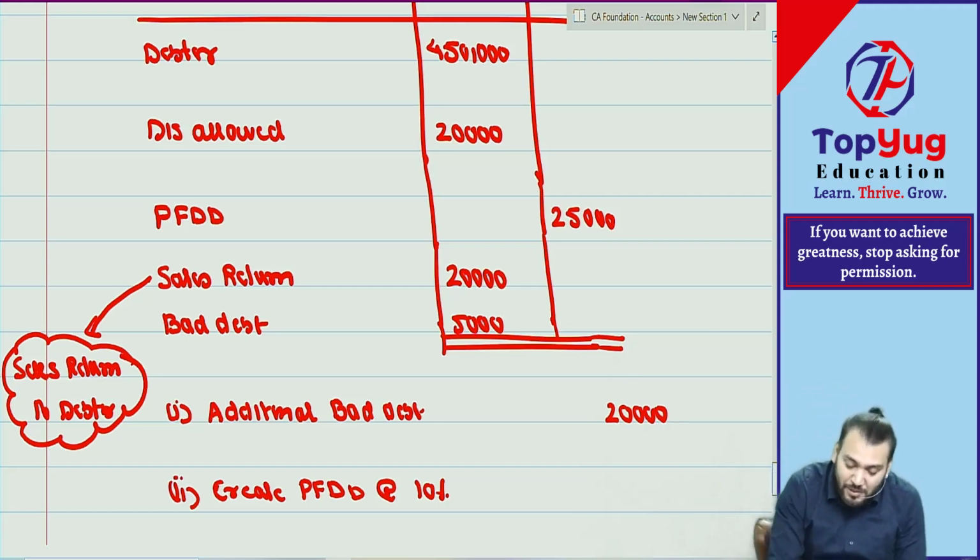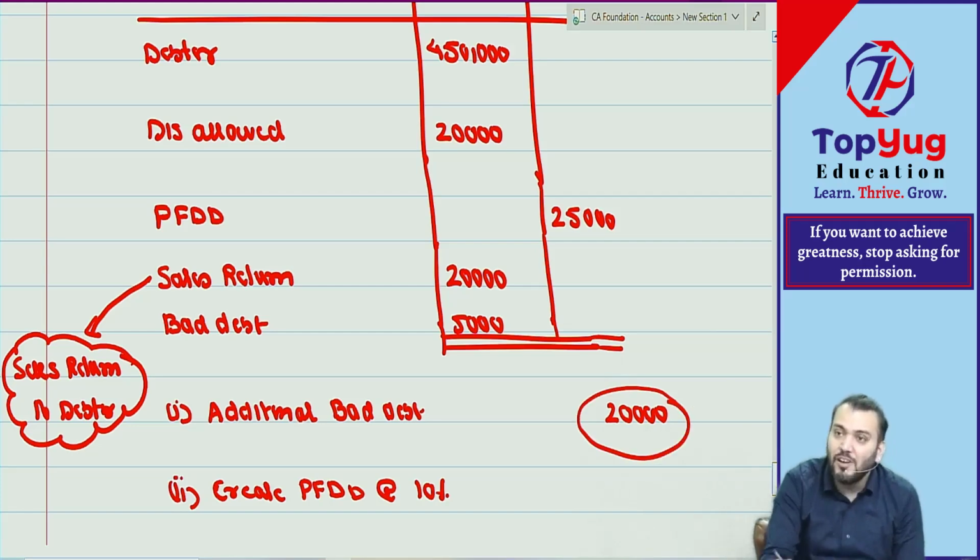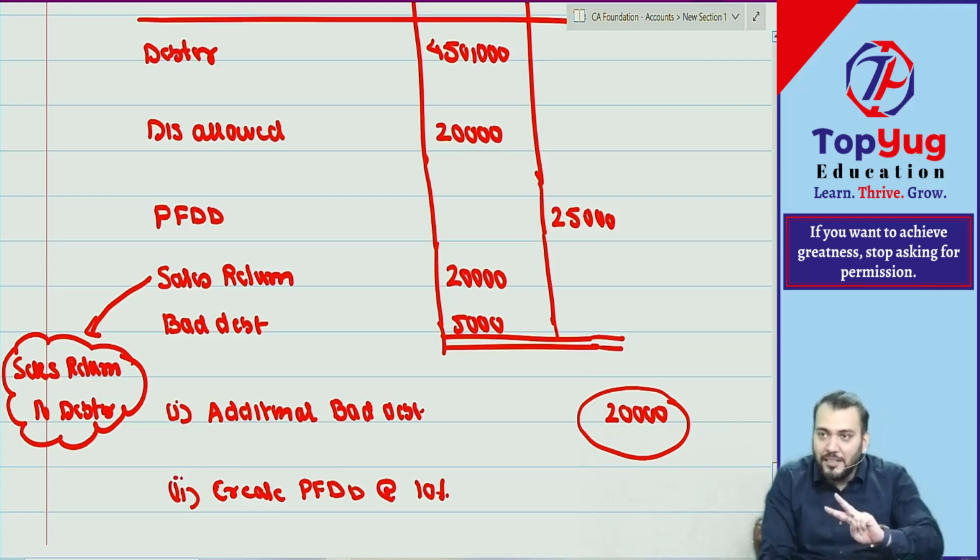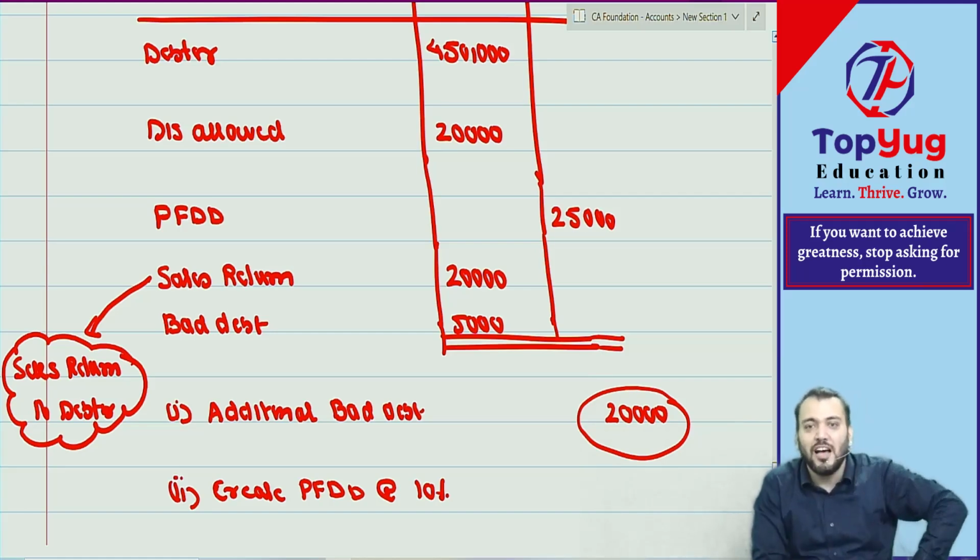There was an additional bad debt. So what journal entry will pass for this? Bad debt to debtor. There is already one bad debt, so bad debt will become 5,000 plus 20,000, 25,000.